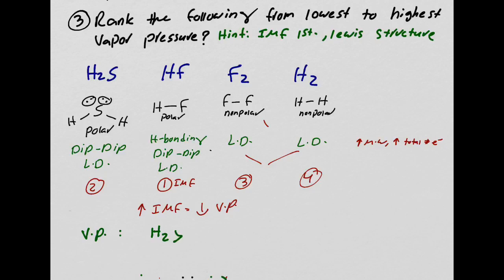I asked you for lowest, so let me actually do what I had asked you to do. There we go. So the lowest one would be HF, and then after that is H2S, so the opposite. Then F2, and then H2 is the last one. So far so good? Okay, beautiful.